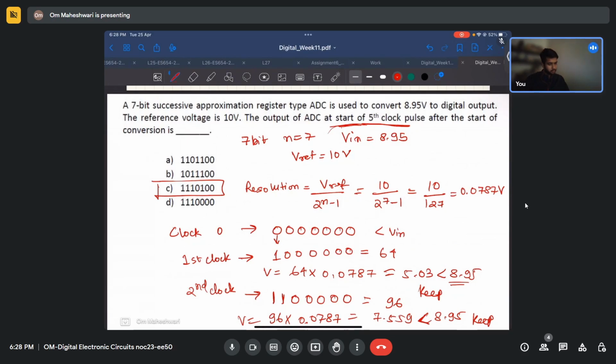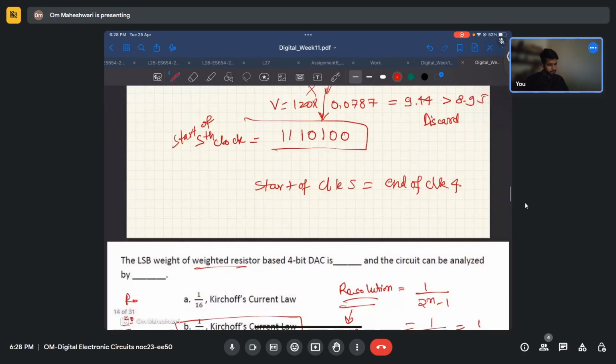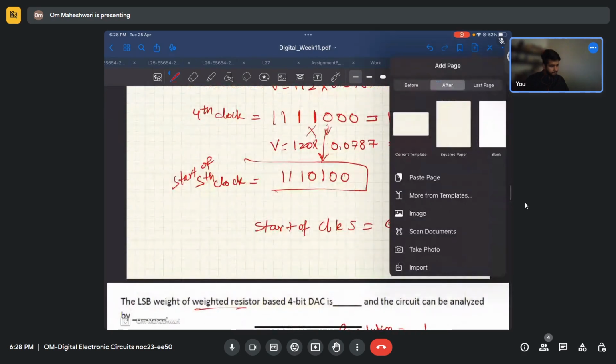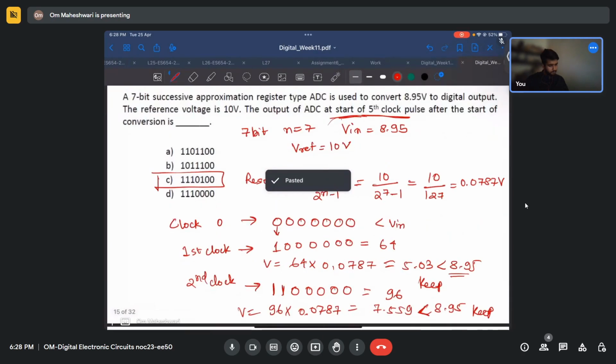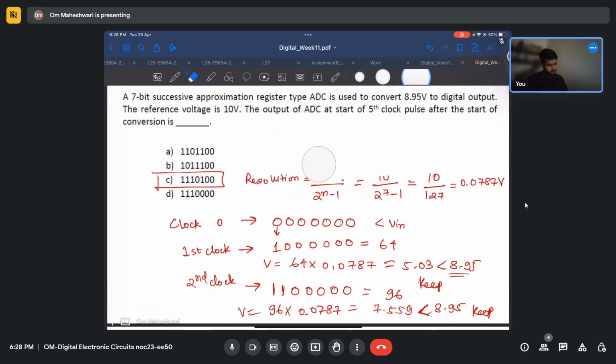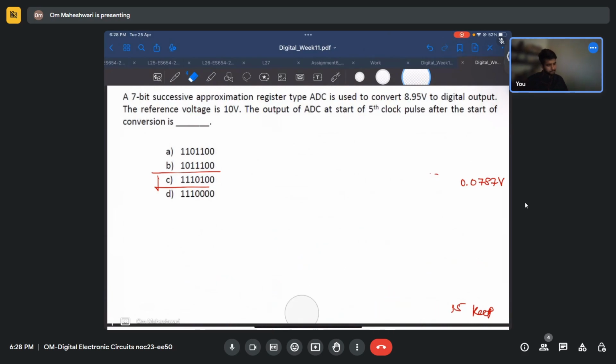Let me copy this page. So the question is, you have a 7-bit successive approximation type register ADC used to convert this voltage to the digital output. The reference voltage is 10 volts.